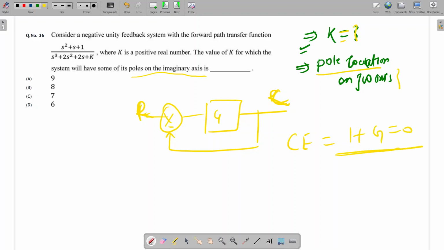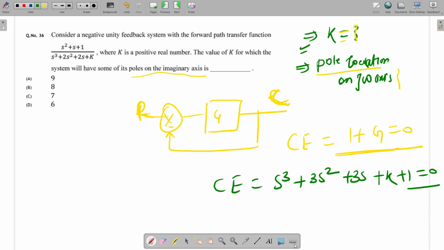If you see this equation, the characteristic equation will be s cube plus 2s square plus 1s square, 3s square, again 2s plus 1 is 3s, plus k plus 1 is equal to 0. This will be our characteristic equation.